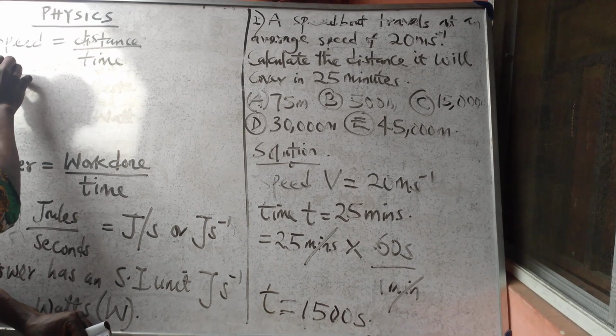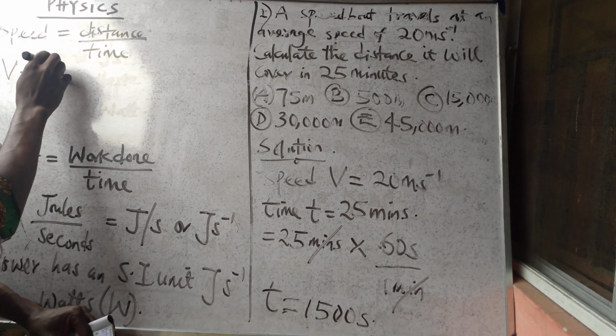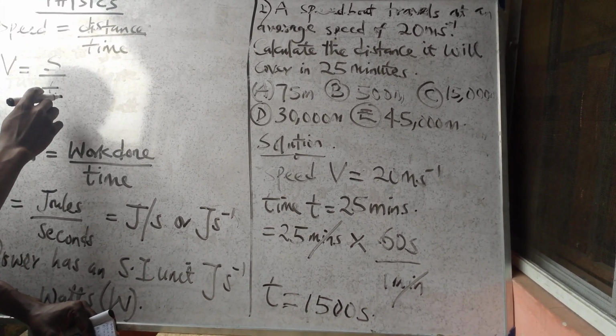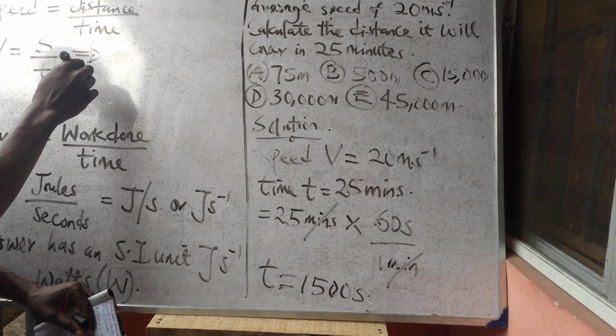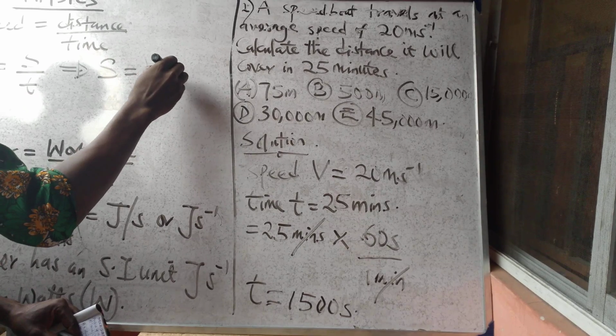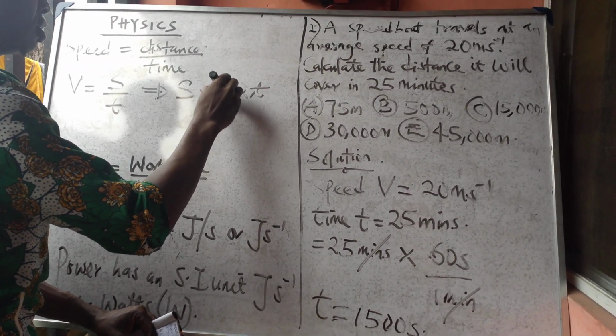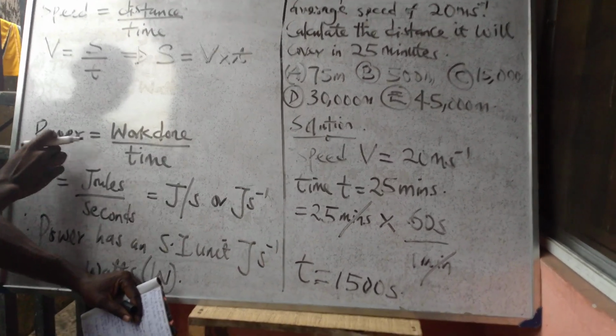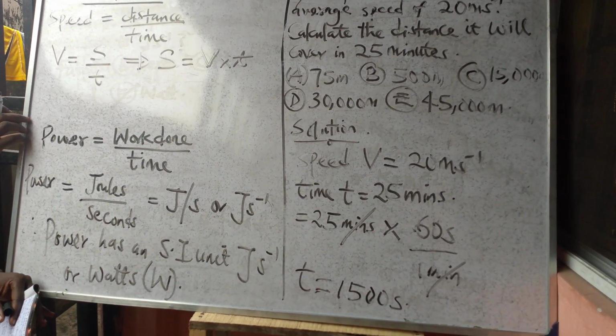That is, V equals S over T. And making S the subject of formula, you have S equals V times T.